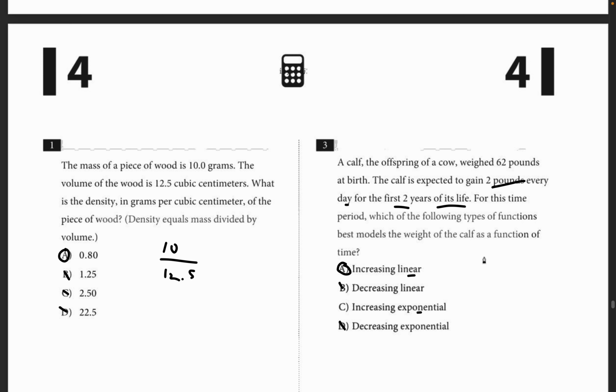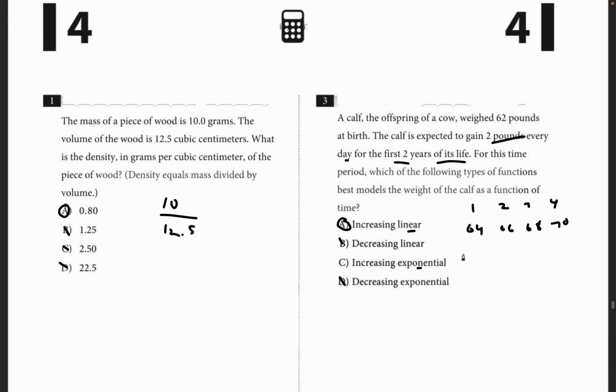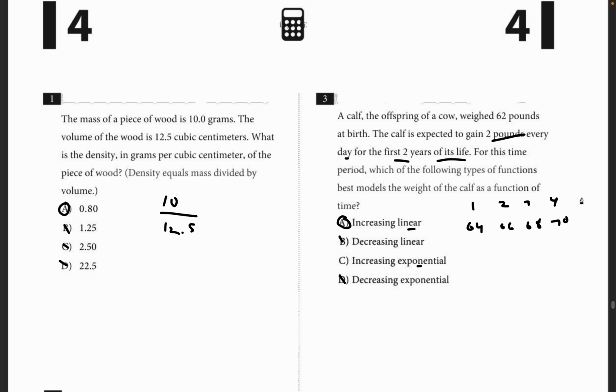So let's say it was 62 pounds, right? Then 64, then 66, then 68, then 70, and so on for 2 years, so 720 days.